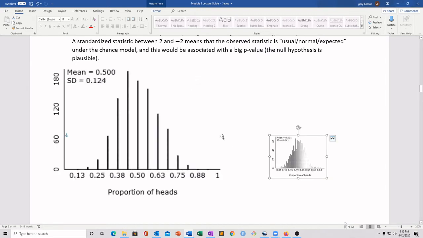The point is that even though in both of these scenarios your statistic, 15 out of 16, is the same distance from the center, 0.5, this picture is more spread out, so your statistic is still closer to some of those statistics. It's still closer to some of the dots. Here, the 15 out of 16 is not really close to any dots. It's further not only from the middle, but from everything.